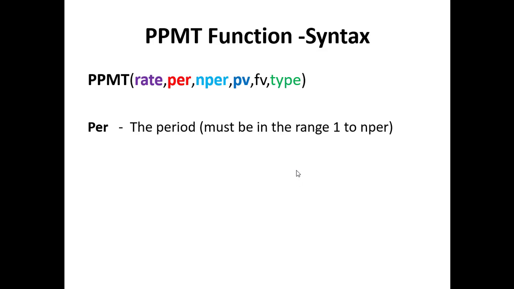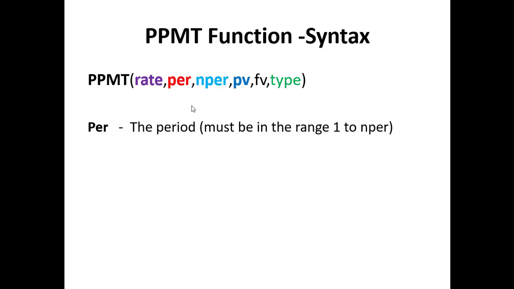That is, you need to have the rate, the NPER, the loan period, the present value, if applicable the future value, and the type. But here one piece of information varies, and that is the PER. That is simply the period.